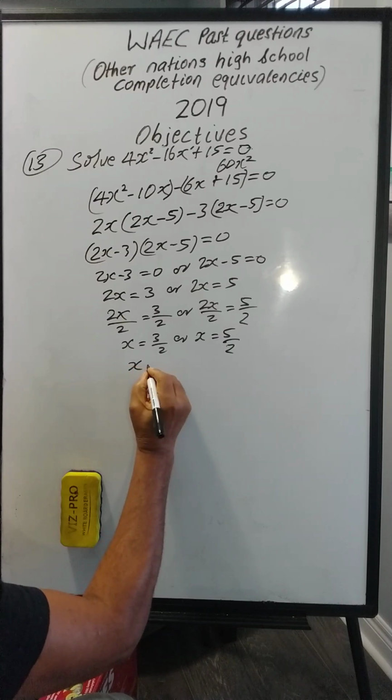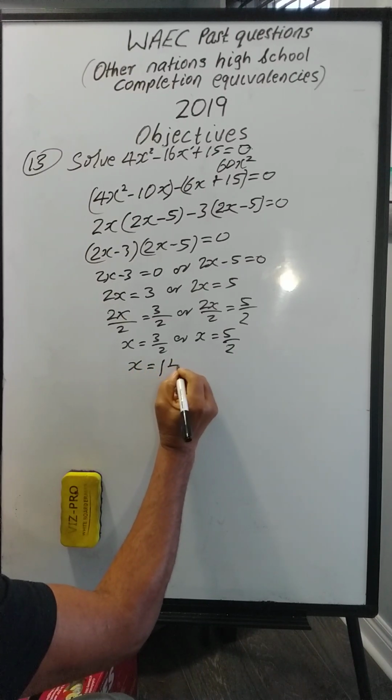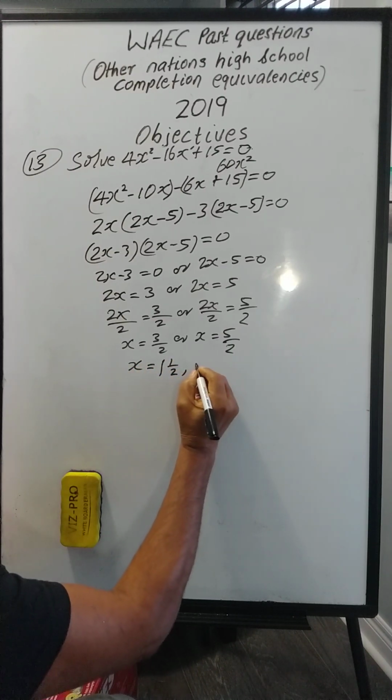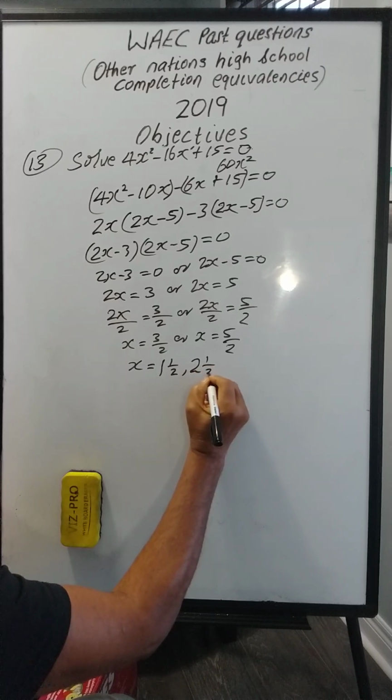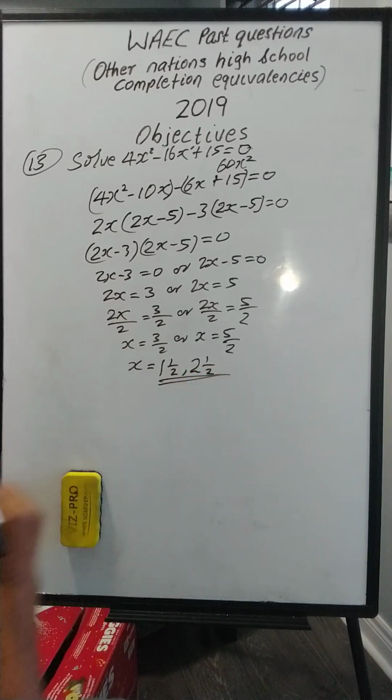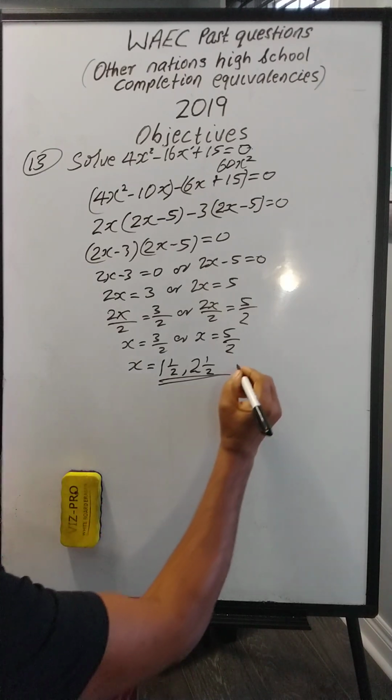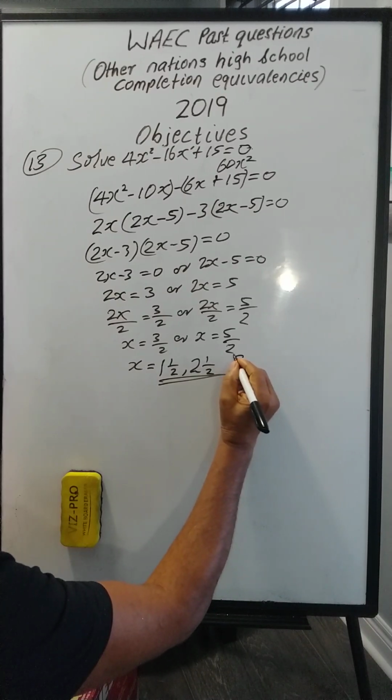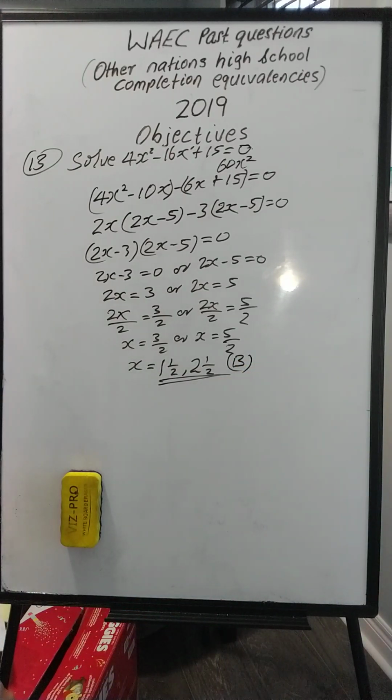Therefore, x is equal to 1 whole number 1 over 2, 2 whole number 1 over 2. That is, we have solved this quadratic equation by the factorization method. The option here is option B. That's the correct one for number 13.